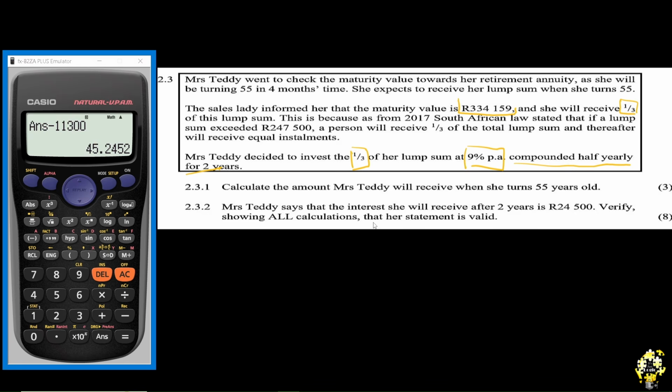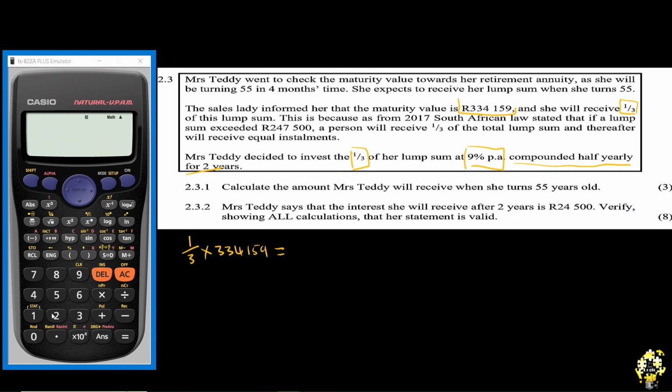Remember, they said that she's going to receive a third of the total lump sum. So what is a third? It's not hard. You go to your calculator. When you are talking about a third, it's 1/3. You simply do exactly what it says. It says 1/3, right? So it is 1/3. And then you multiply it by the lump sum, which is 334,159.